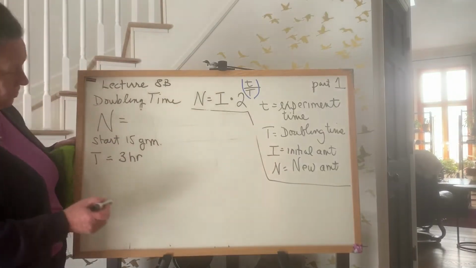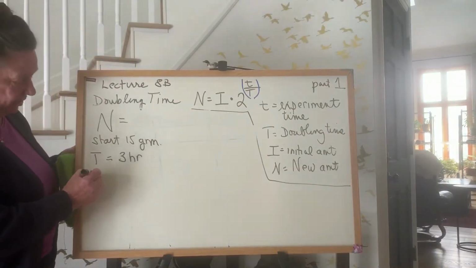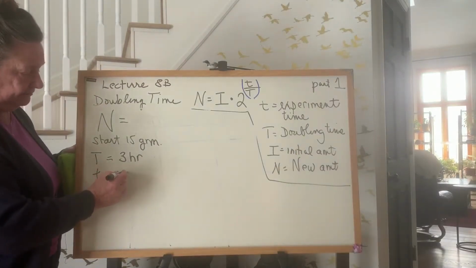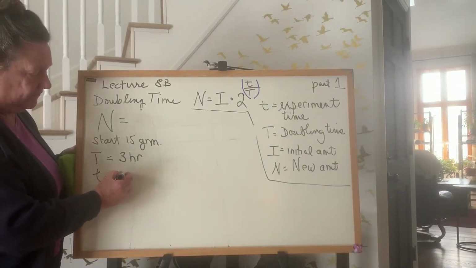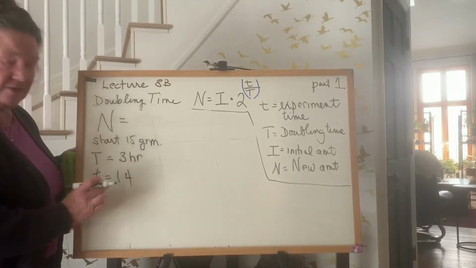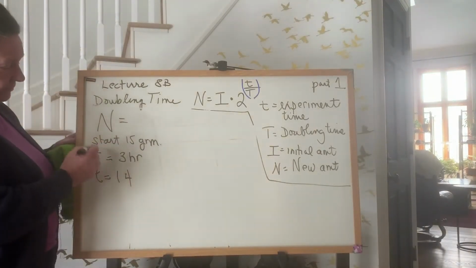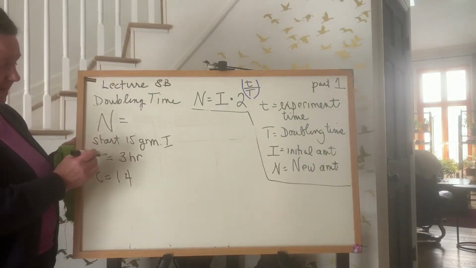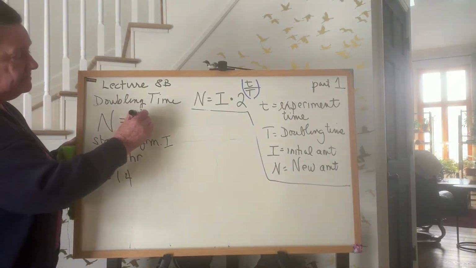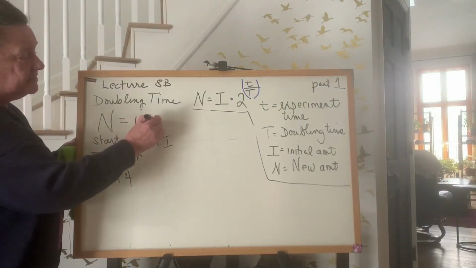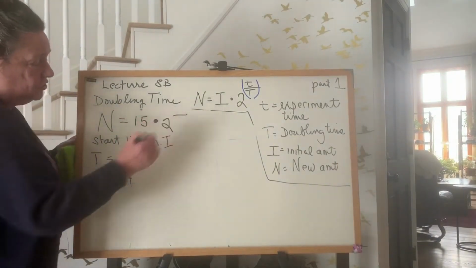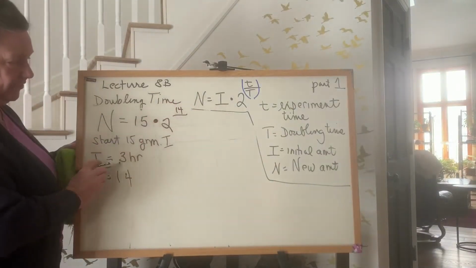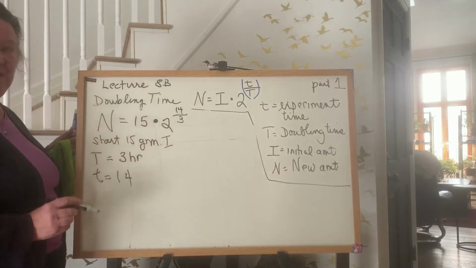And I'm going to run my experiment, little t, for 14 hours, okay? So the starting amount is my initial amount. So I'm going to say 15 times 2 to the little t on top, 14 over 3, okay?